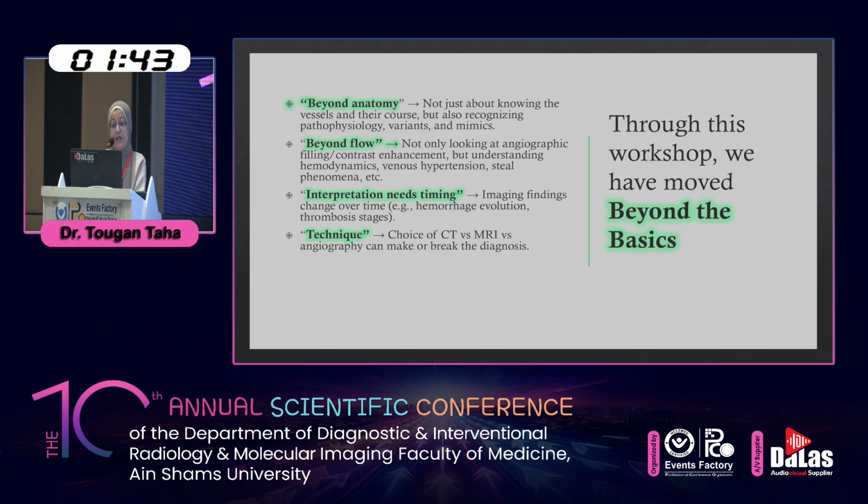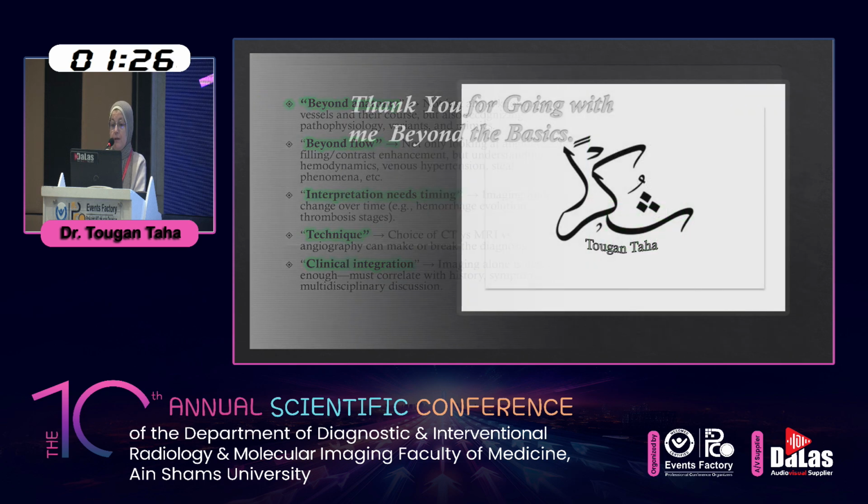The choice of CT versus MRI versus angiography can make or break the diagnosis. Imaging alone is never enough; it must be correlated with history, symptoms, and multidisciplinary discussion. Thank you.